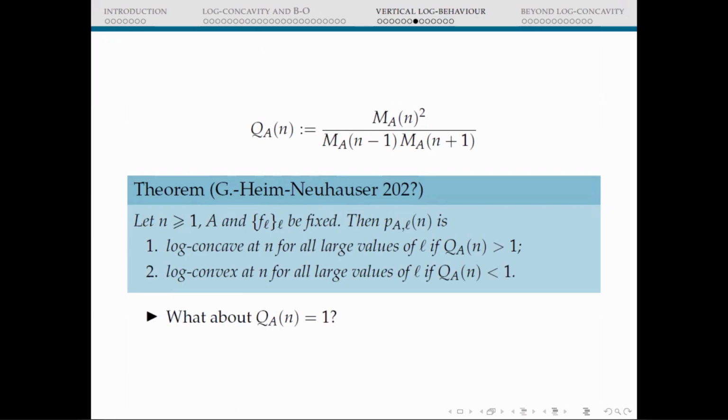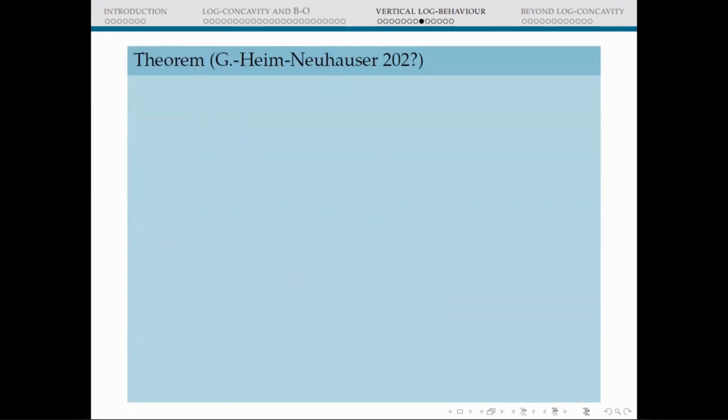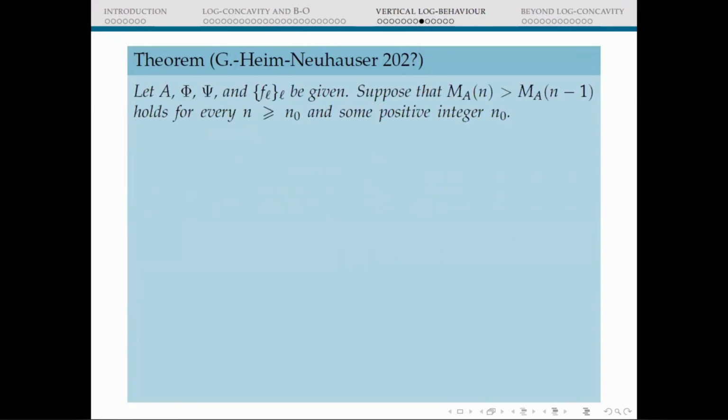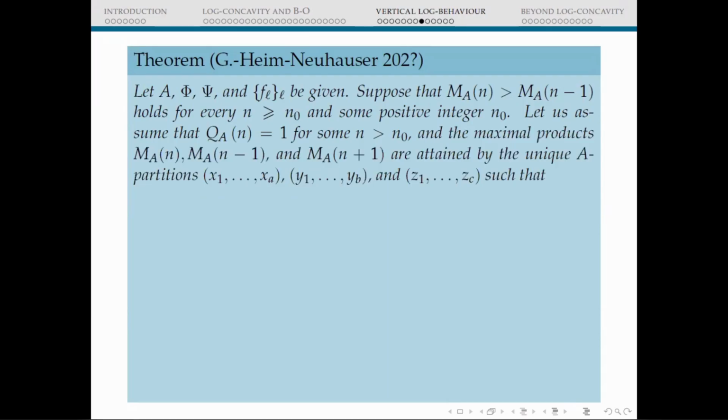We need an additional result, which is unfortunately not complete as well. But okay, let me say a few words about it. So now we assume that this quotient is equal to 1. We additionally require that the maximal product for n is larger than the maximal product for n minus 1. And okay, this is the assumption for the quotient from the previous slide.